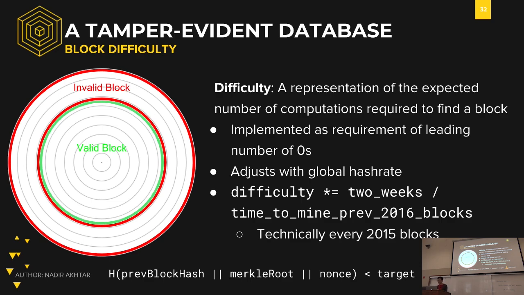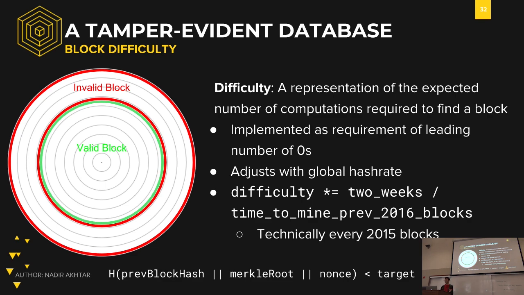So the difficulty is the representation of an expected number of computations to find a certain block. I just talked about how you need to find some hash with a certain number of leading zeros. And this difficulty we can change. It's dependent on the previous 2 weeks of computational power.